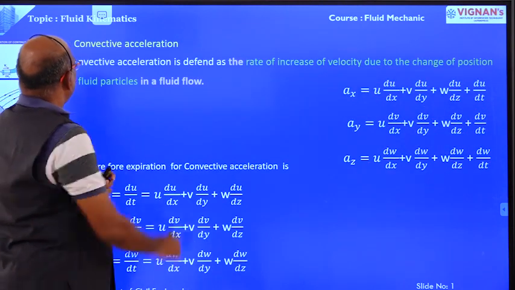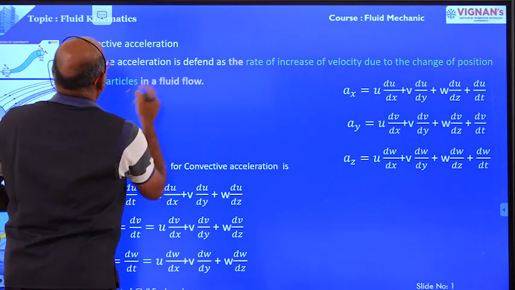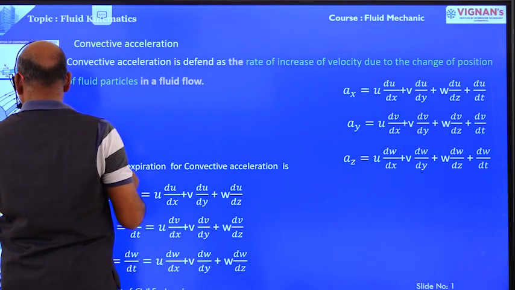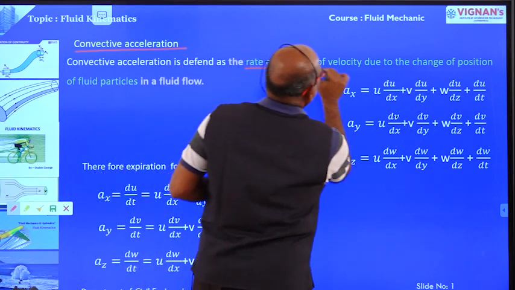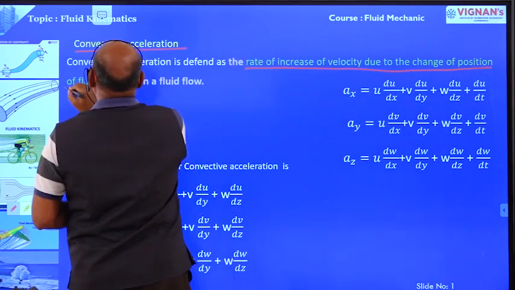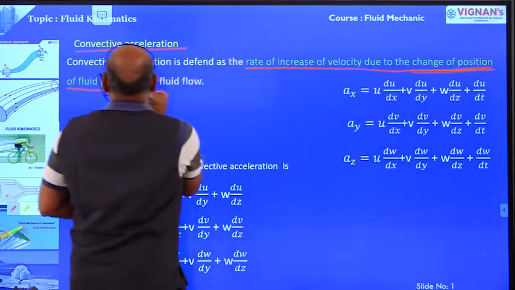Now another one is the convective acceleration. In case of convective acceleration, it is the rate of increase of velocity due to change of position of fluid particle. Change of position of fluid particle, very very important term.